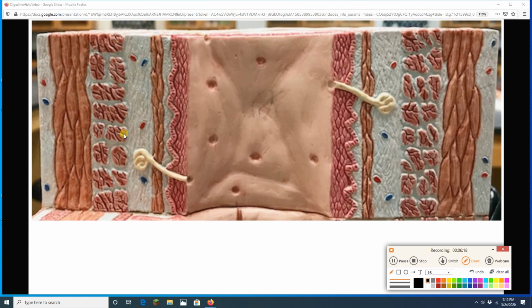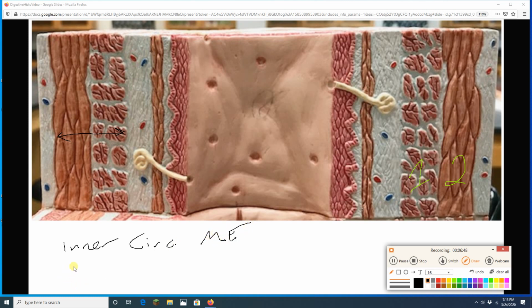Now we got our Muscularis Externa. The Muscularis Externa is typically made of two sublayers. Let's jump over to this other side here. We have one sublayer right here and then another one right there. That first one is called the inner circular Muscularis Externa.